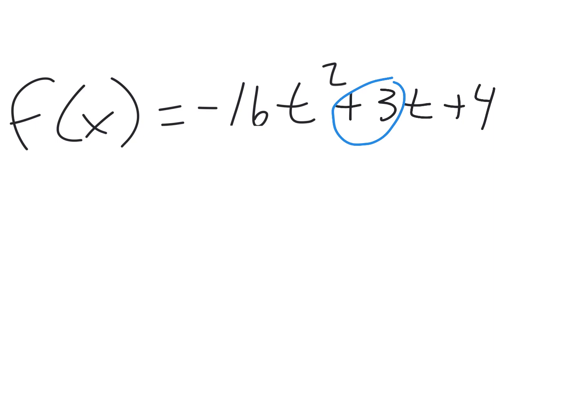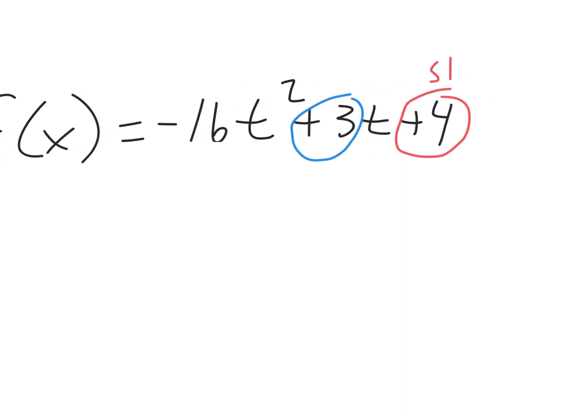That's called the velocity. Which of these 3 things tells you how high you were off the ground when you threw the ball? 4. That one. So this is the start height. When you start the problem, that's the start height. This is the blue one, the velocity, how fast you threw the ball.